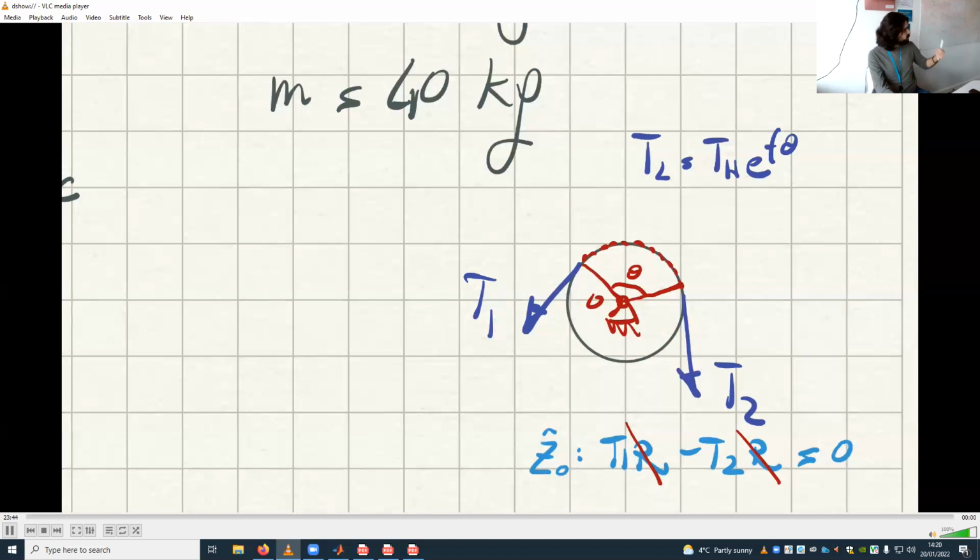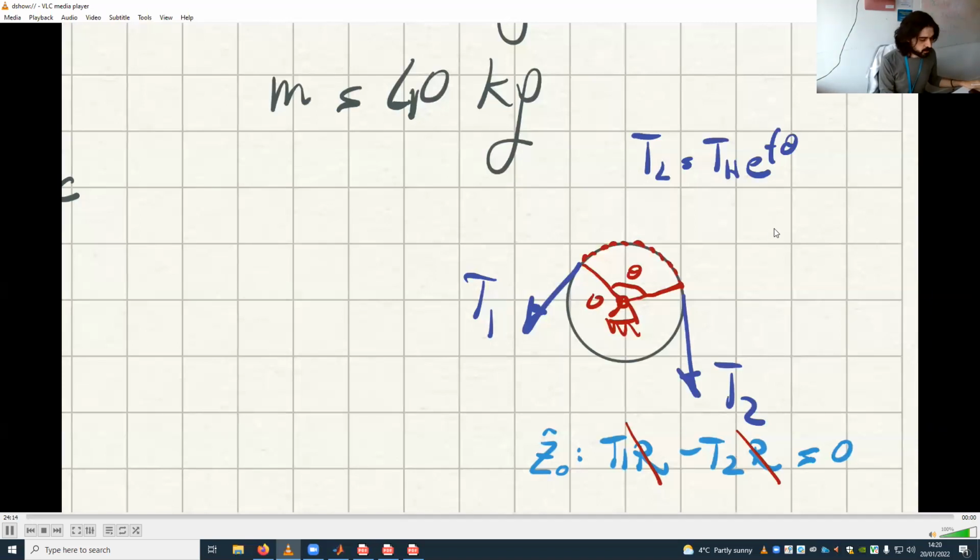So as many turns as you make, you can hold a larger and larger load with a tiny force. That's why the capstan is used to harbor ships. So you have large ships that can be harbored quite easily by a couple of men only. You have a huge amount of mass that can be harbored by a couple of men using a capstan, a couple of capstans, as you want.